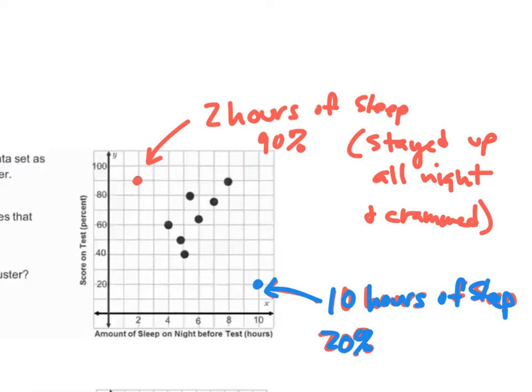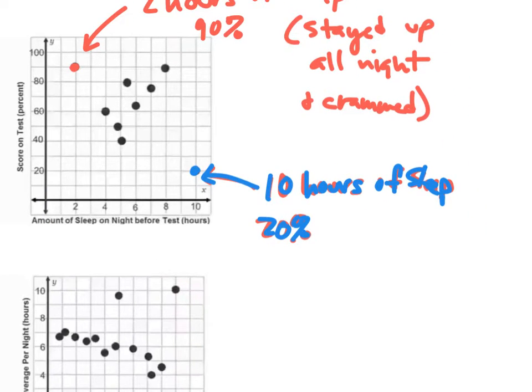Over here, the conclusion I would draw is that 10 hours of sleep gives you a score of 20%. Maybe they overslept and panicked. I don't really know, to be honest with you.